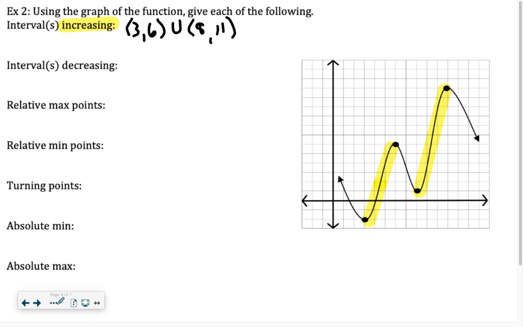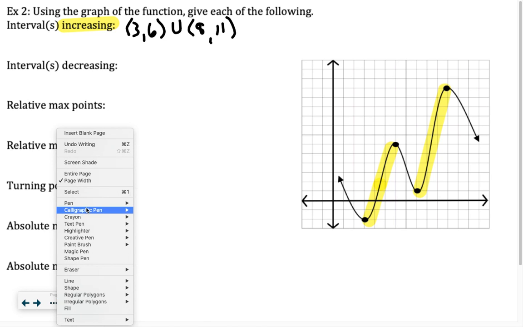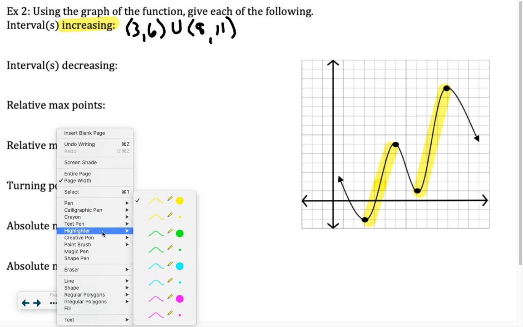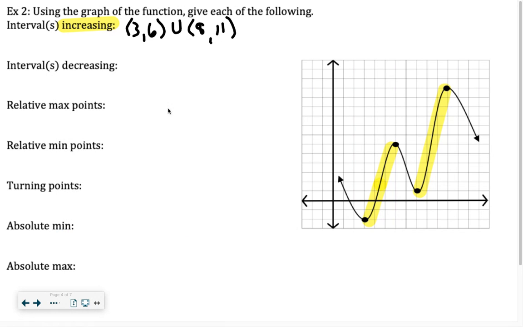So let's take a look at decreasing then. Okay, so as I look from left to right, my function is decreasing here, it's decreasing here, and decreasing here. Okay, so let's list those intervals.